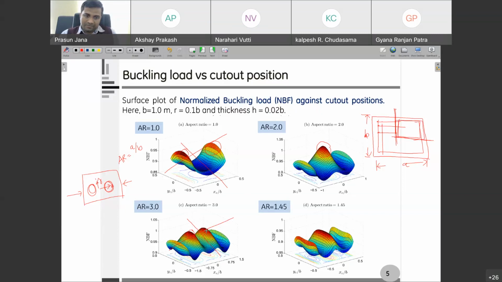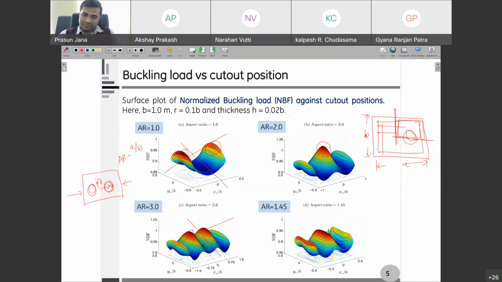For aspect ratio 3, we can see that somewhere along this line, between the center and the right edge, there is some optimal location. Whereas for aspect ratio 1.45, you can see there is a transition.